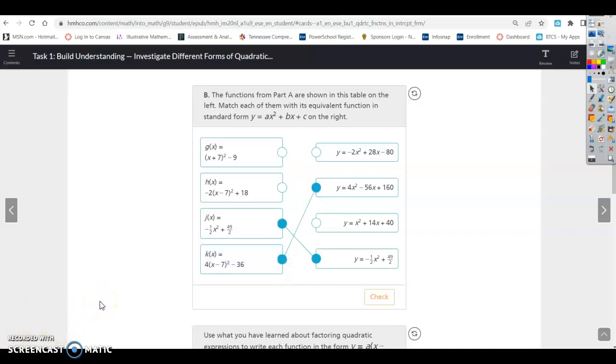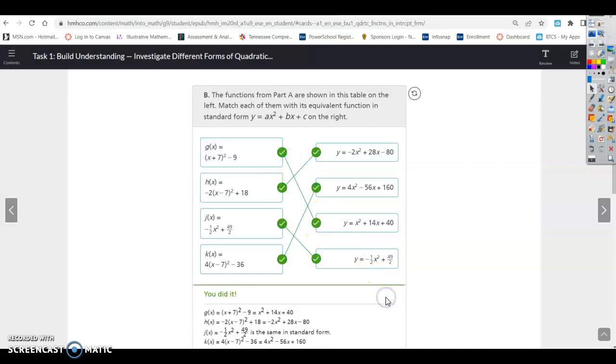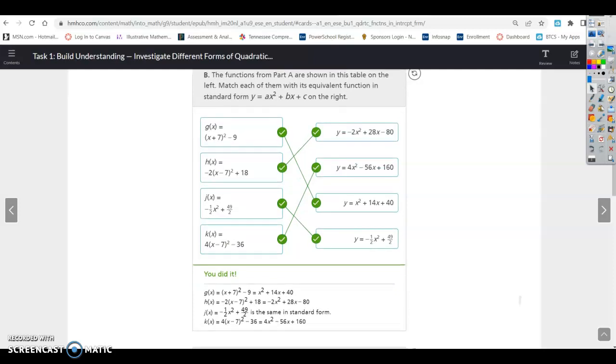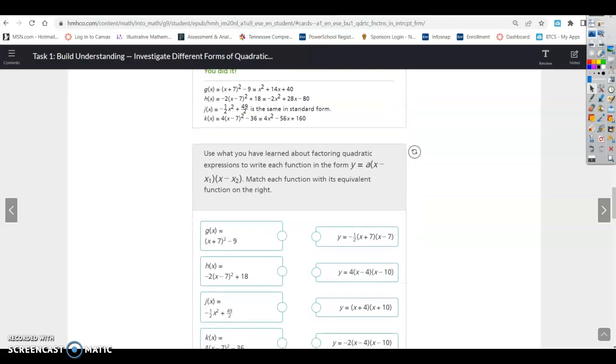All right, so you can see if these are matching, it makes it a little bit easier. This one has an a of -2, and this one does as well. So that leaves this one to go with this one. So when you're matching the vertex form with the standard form, if you have to rewrite it, you have to go through each of those steps. If you're just matching those, look for key characteristics of each equation and see if it's easy to match.